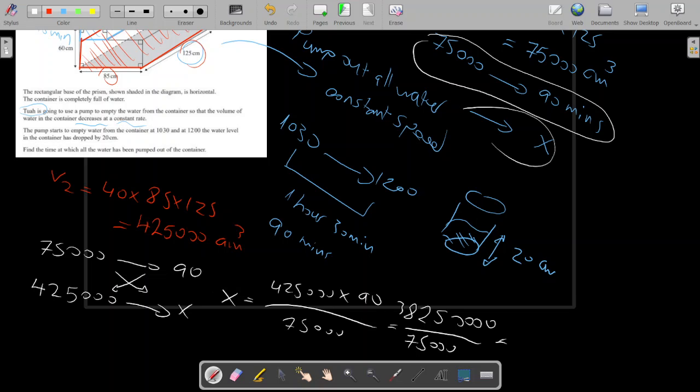Now we do a quick calculation using the calculator with this big number. You may use the calculator. This divided by 75,000 is going to be equal to 510. 510 what? Minutes.